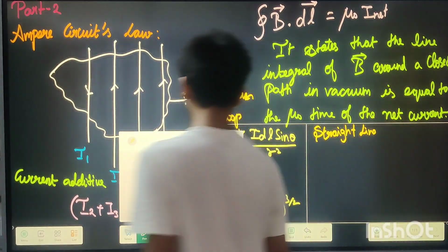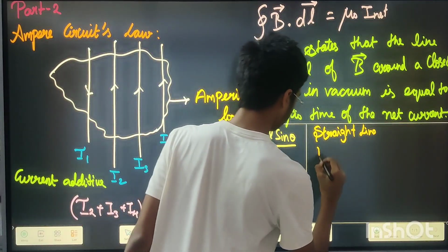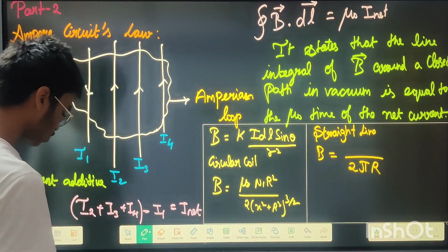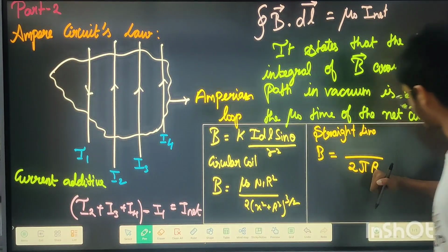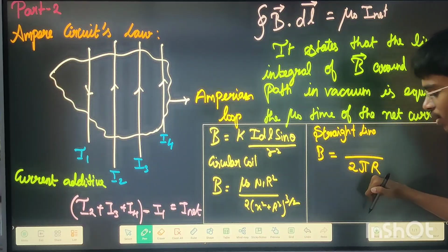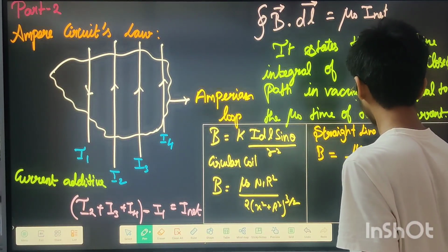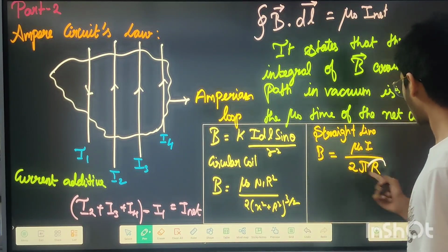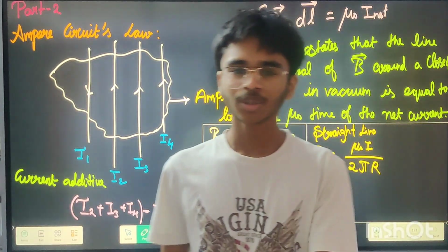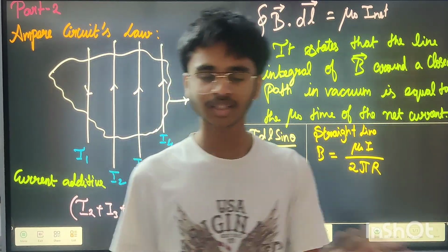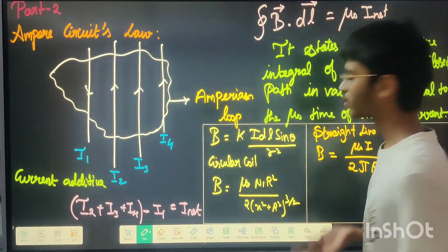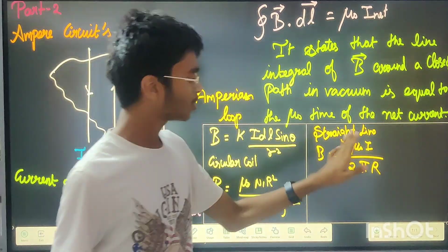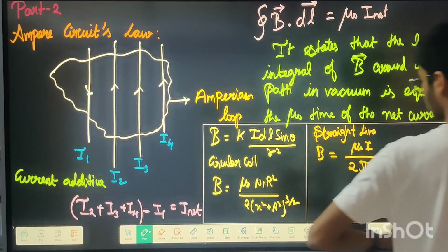You can take B equal to mu naught I divided by 2 pi r, where 2 pi r is in the denominator. If you take r as the length of the conductor, 2 pi r is a formula we hear everywhere, the circumference of a circle, so you can relate to it like that. But r here means the distance from the conductor. That alone you have to know.